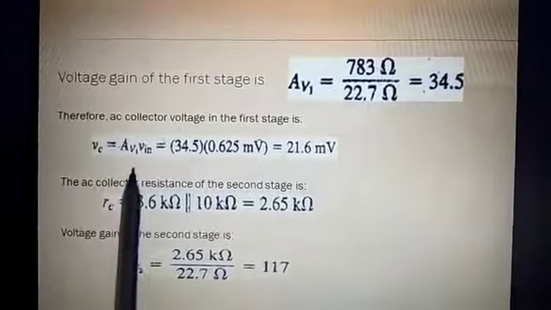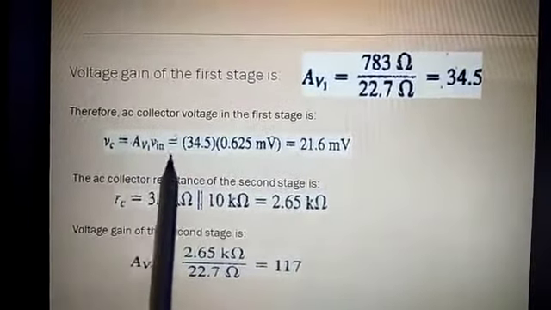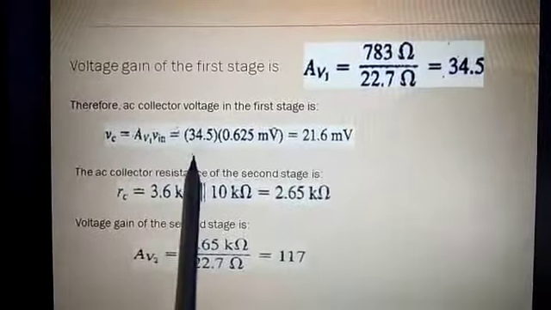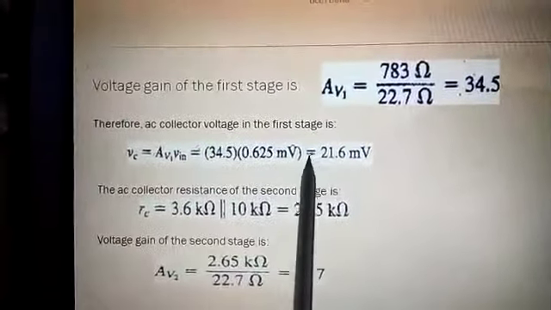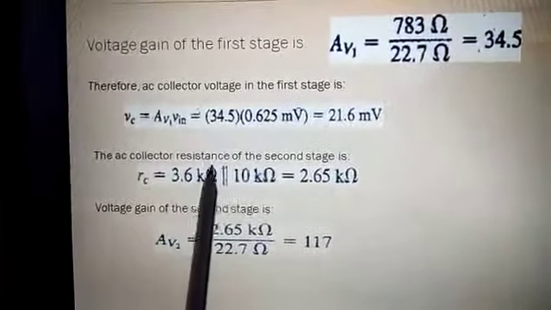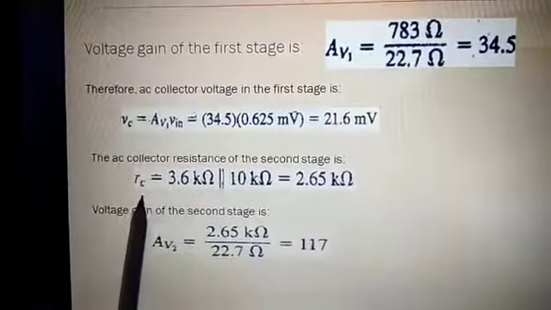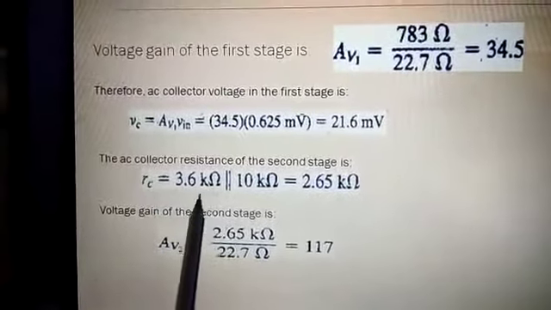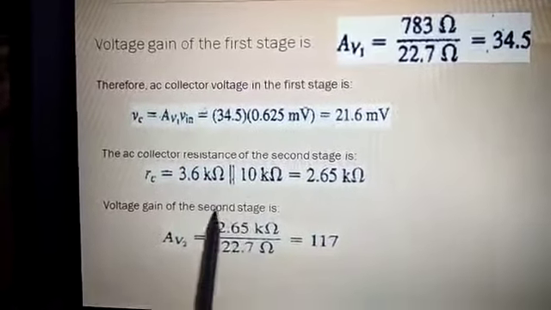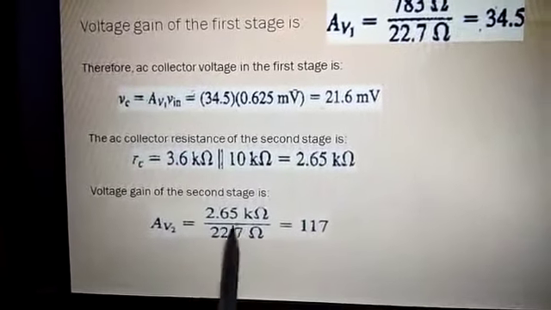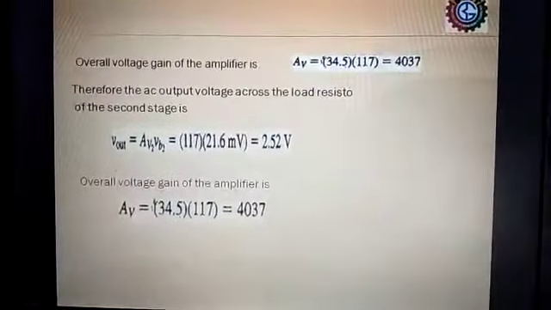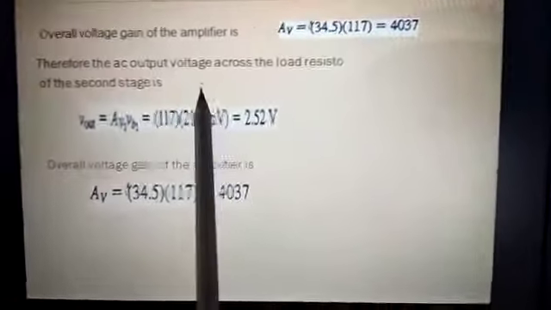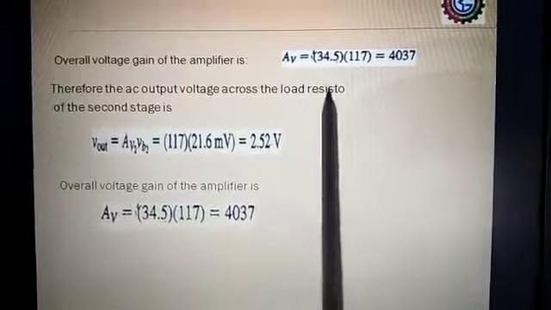Then the collector voltage in the first stage is AV1 into V in, which can be calculated using this. Then the AC collector resistance of the second stage, that is RC parallel to the load resistance, and the voltage gain AV2 can be calculated like this. And finally, the overall voltage gain of the amplifier is AV1 into AV2.